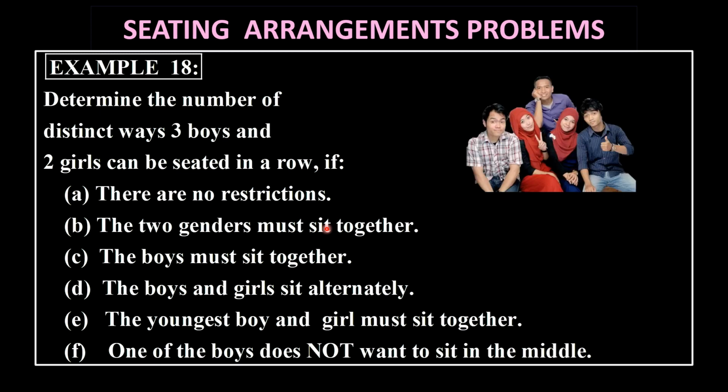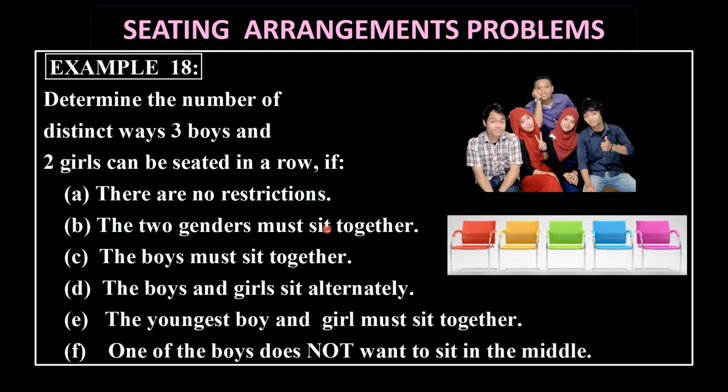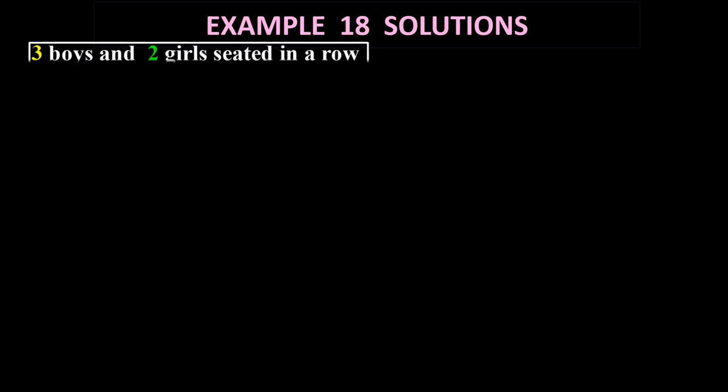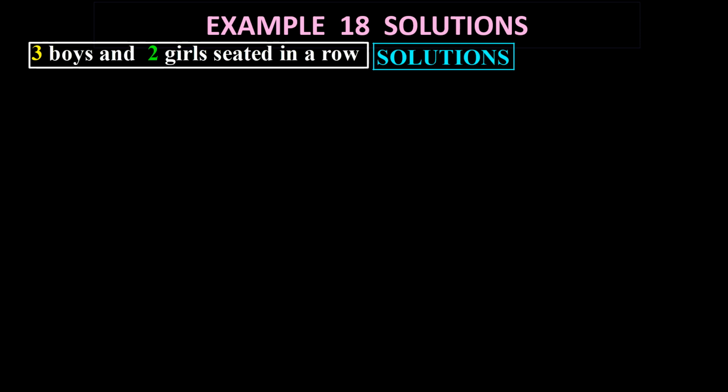So there's the group, 3 boys and 2 girls, and they have to sit in 5 chairs, and the chairs are in a row. So we're going to look at the solution of this problem. Let's consider the first one. You can also pause, try to do the solution on your own, and then later you can continue.